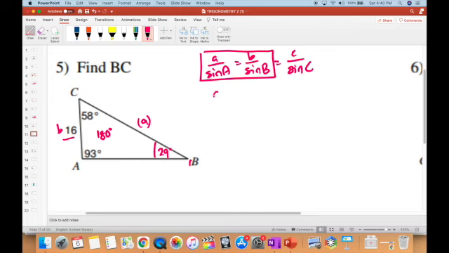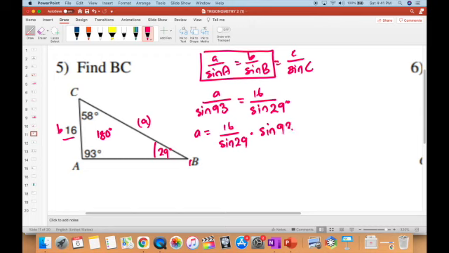So here A is what I want to find, all over the sine of the angle A, which is sine 93, is equal to B, which is 16, all over the sine of B, which is the sine of 29 degrees. Now I can just move that across. So A is equal to 16 all over the sine of 29, multiplied by the sine of 93.